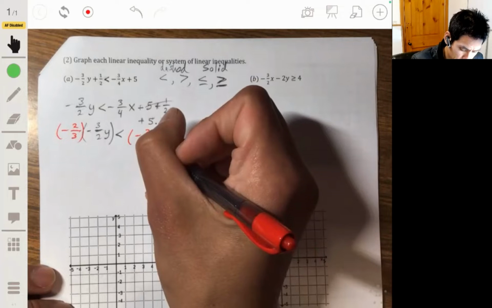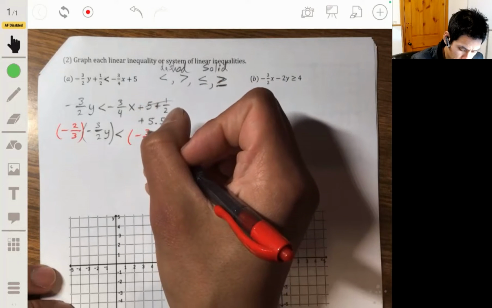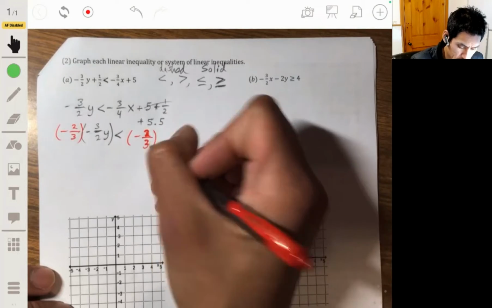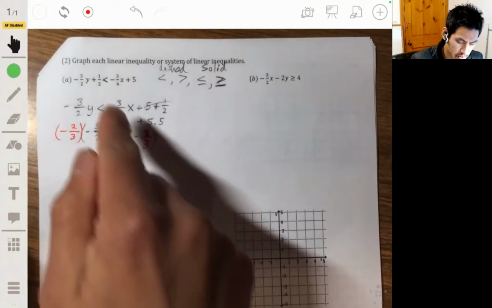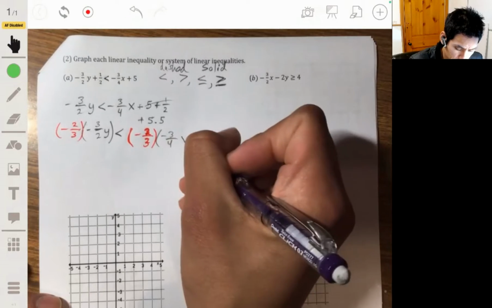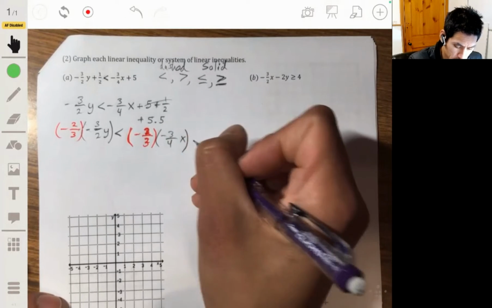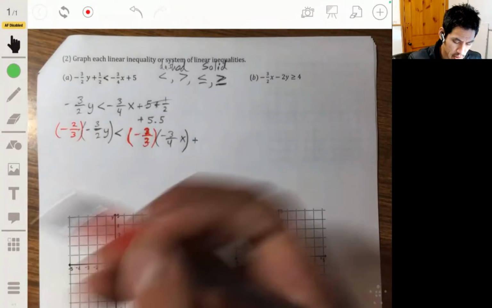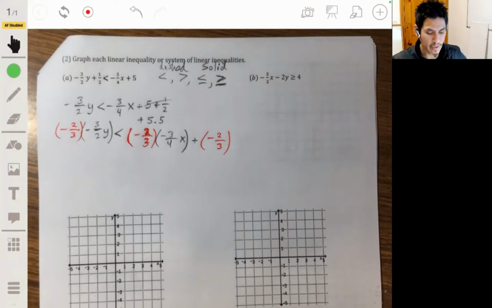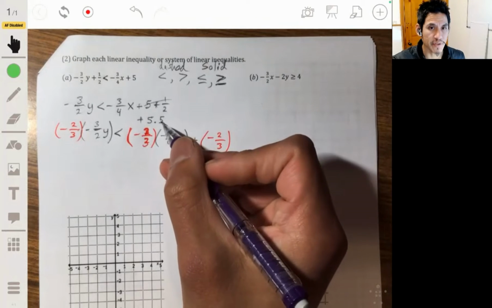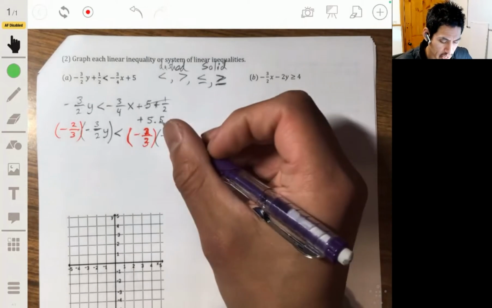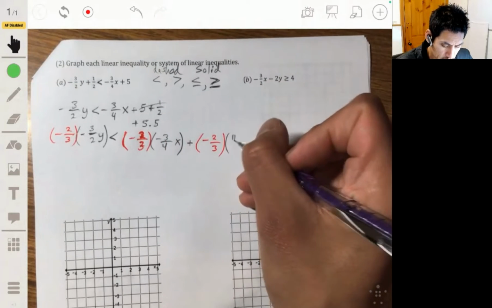Pretend I didn't mess up there. So negative 2/3 times negative 3/4x plus negative 2/3 times 5.5. But if we write 5.5 as a mixed fraction, that's the same as 11/2.